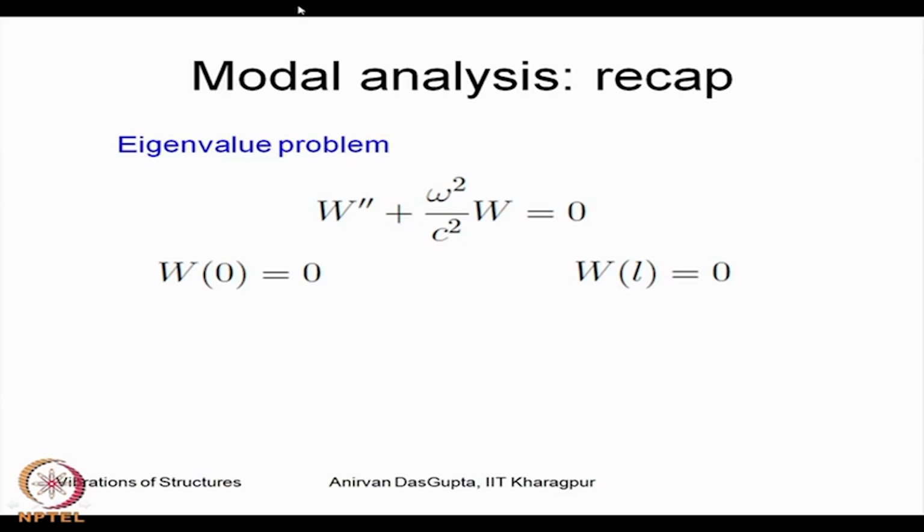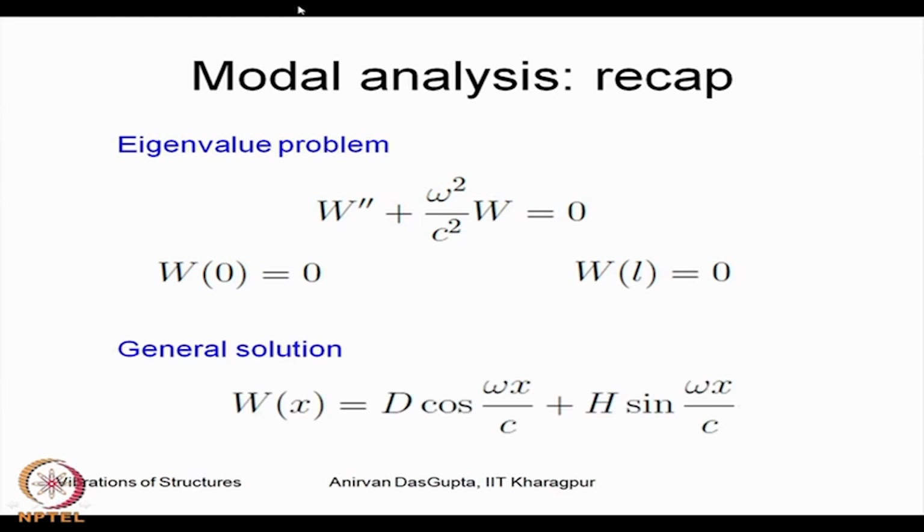For this eigenvalue problem we have a general solution which has a structure like this. Now with this solution we are going to put this solution in the boundary conditions.